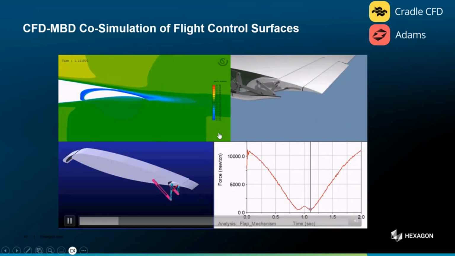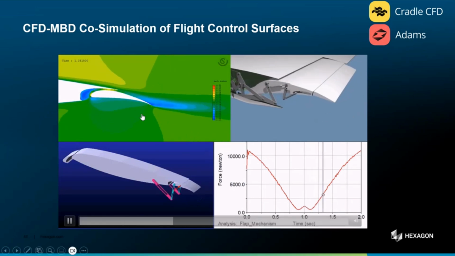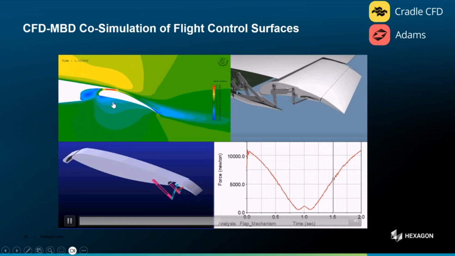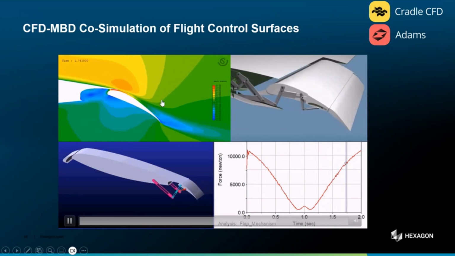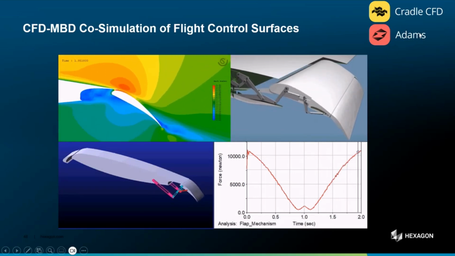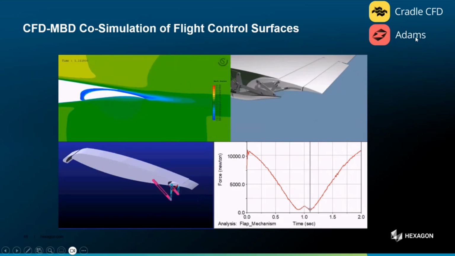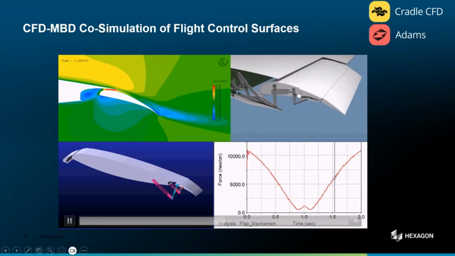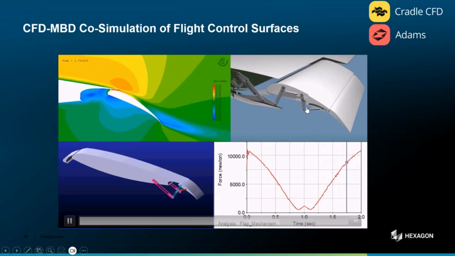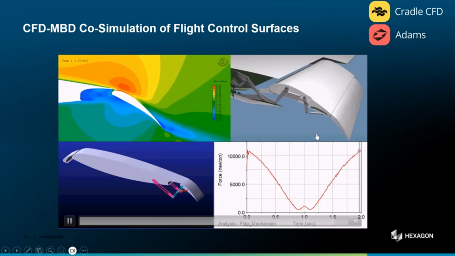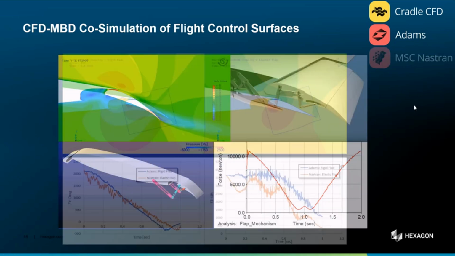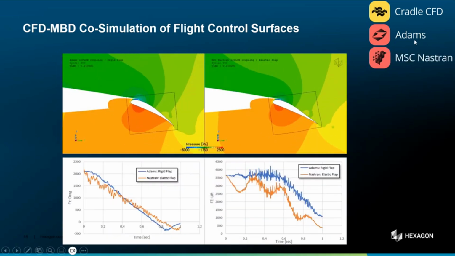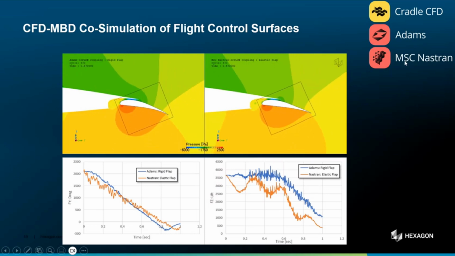Another example, the rear flap of a wing. Here you get the CFD calculating all the force that will be applied to the structure. And you also get a multi-body dynamics system, ADAMS, calculating the force in the system. Not only the motion itself of the flap, but what will be the force in the arms. And why not add a third joker here?